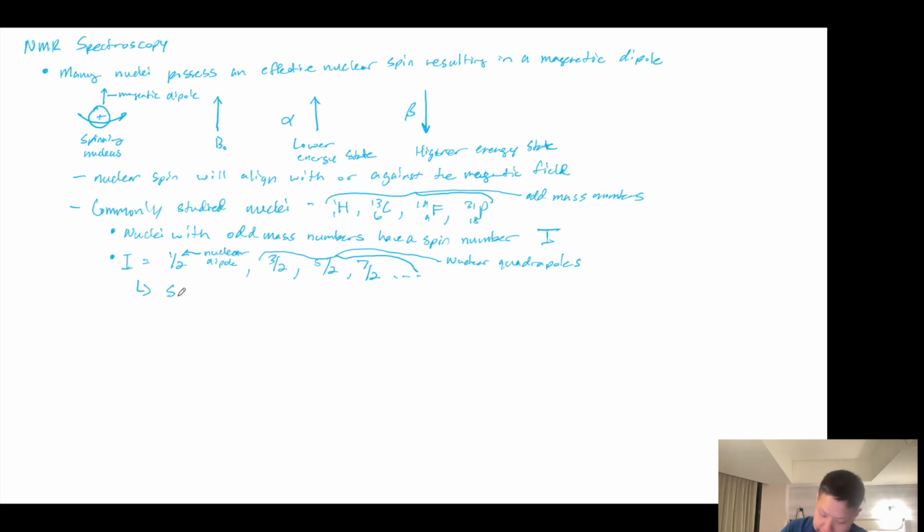So for I equals 1/2, you have the spin states of plus or minus 1/2, or up or down for the spin state, an arrow pointing up or an arrow pointing down.